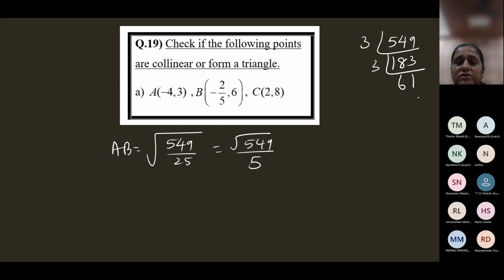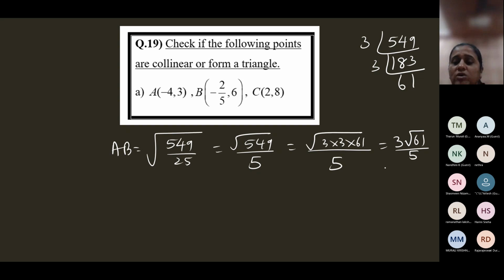You cannot divide it further. So this is nothing but root of 3 into 3 into 61 by 5. From 2 3s, 1 3 comes out of the square root. So 3 root 61 by 5, which can also be written as 3 by 5 root 61 units. In the same way, find BC and AC.